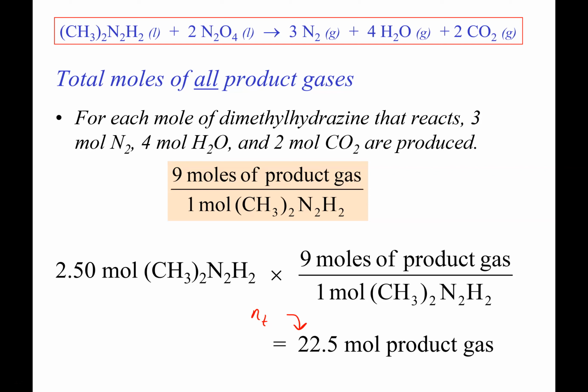So we know we can find a total pressure from the total number of moles like that, and using the volume and the temperature that was given, and R. That's exactly what I'm going to do.